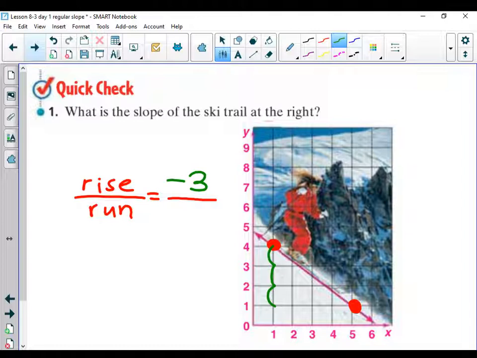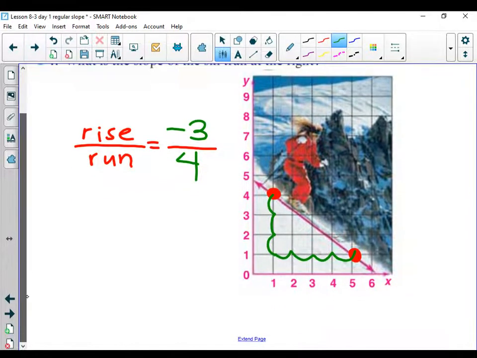Run right. Bryn. 4. 1, 2, 3, 4. I think she's got it. If I wanted to find a third point, I could just continue the pattern. Down 3, run 4.